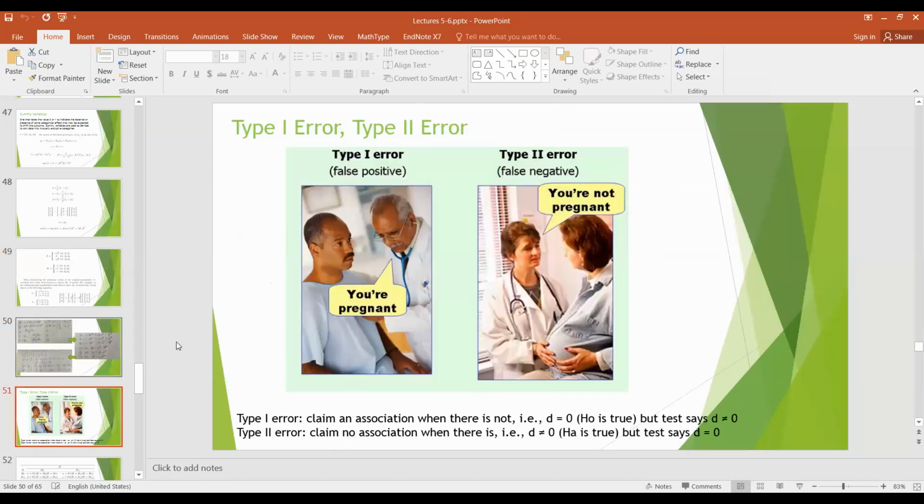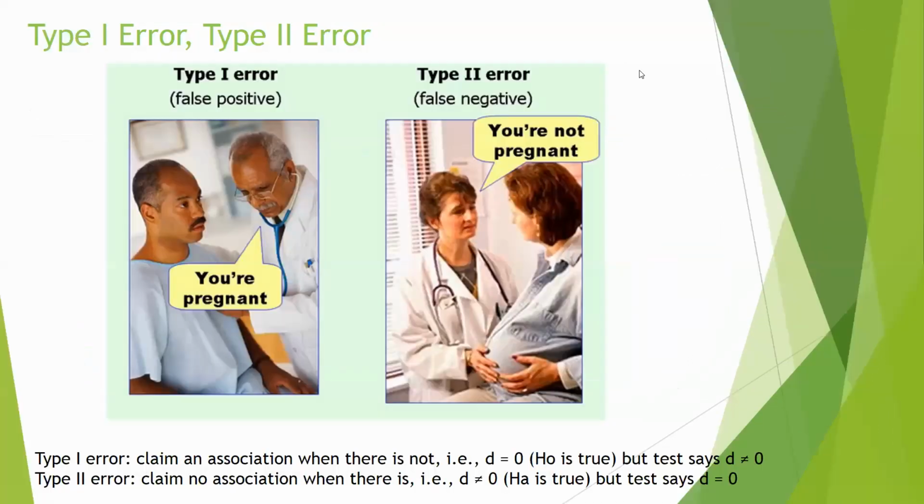Okay, let's continue here. Last time we very briefly talked about the two types of errors that we can commit in hypothesis testing. The first one is the type 1 error. I hope you still remember.